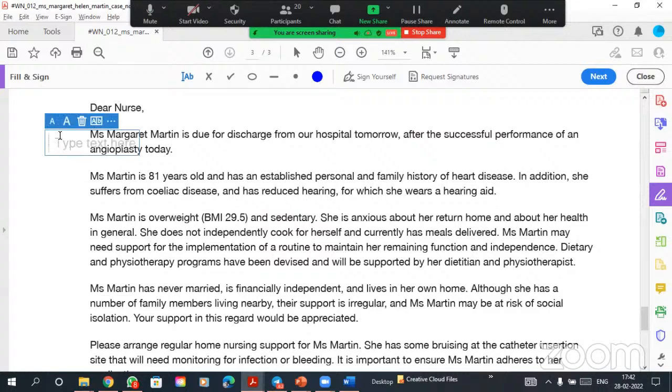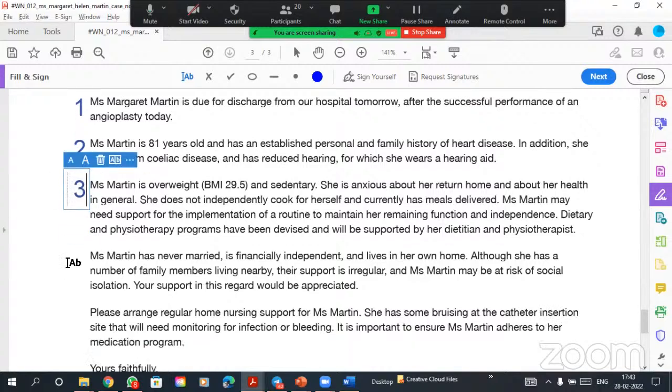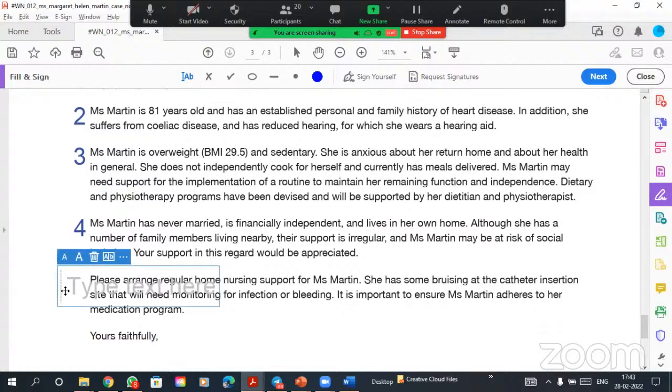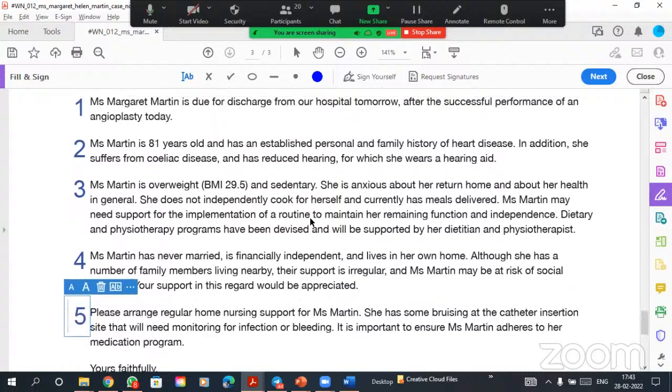This is number 1, number 2, number 3, number 4, and this is number 5. So 5 paragraphs. I'm not joking, you can see there.